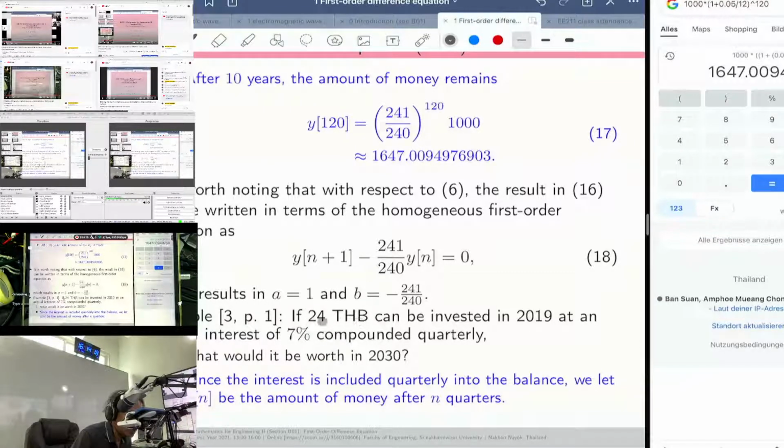If we have at the beginning 24 Thai baht and we invested in 2019, okay, in that year, but this year is 2022, right?